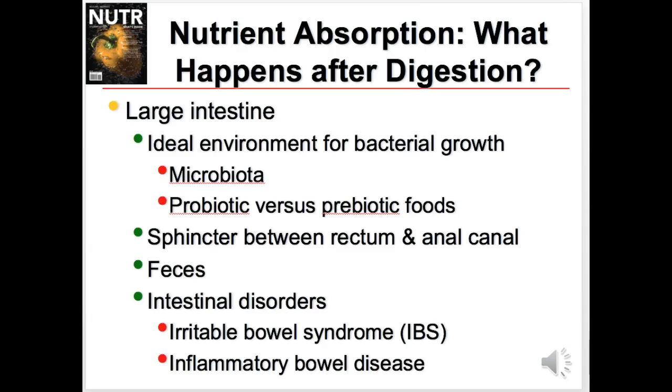So in that large intestine, that environment is ideal for bacterial growth. That bacterial growth can include microbiota, and actually that term just refers to any bacteria, archaea, protists, fungi, and viruses that can grow in that environment.